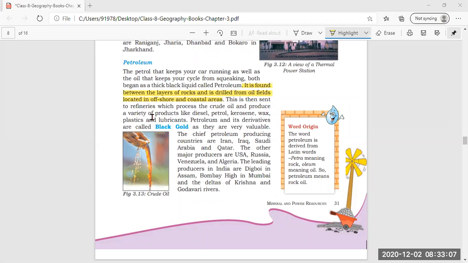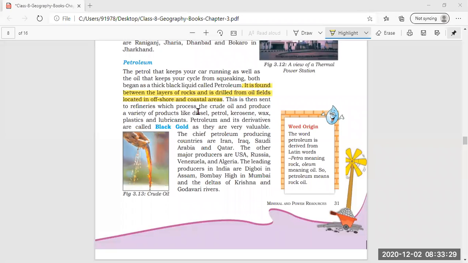This crude oil, petroleum, is sent to the refineries, which process the crude oil and produce a variety of products like diesel, petrol, kerosene, wax, plastic, and lubricants. So these are the other things which are produced with the help of petroleum.